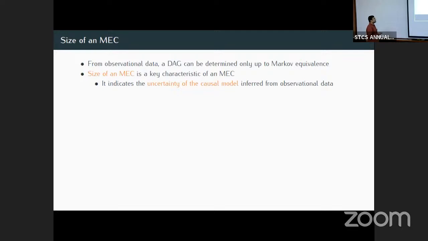If we are given an MEC, then the size of the MEC says the uncertainty of the causal model it contains. Because if we are given observational data, there can be many DAGs that represent the same set of conditional independence relations contained in that observational data.